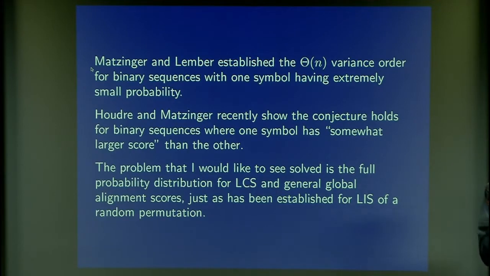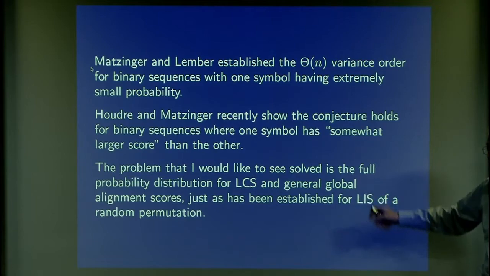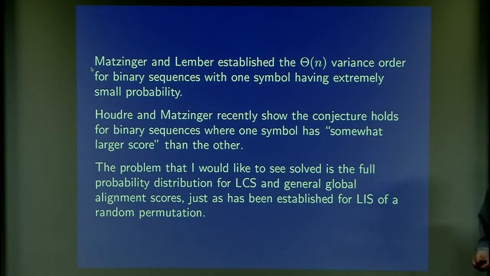The reason this is a hard problem is that there are a huge number of optimal alignments, and you can't get your hands on the statistical character of them as a whole. Whereas when we're talking about longest exact matchings, then we can get some angle. But I would love to see this established, and I would love to see the full treatment for longest common subsequence. This is probably not an important problem in biology, but it's a really cool problem.